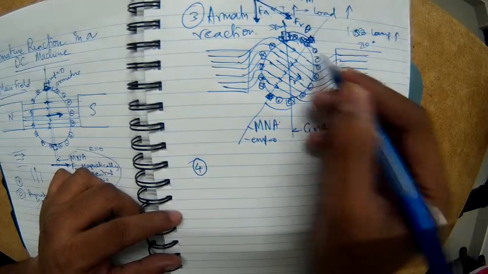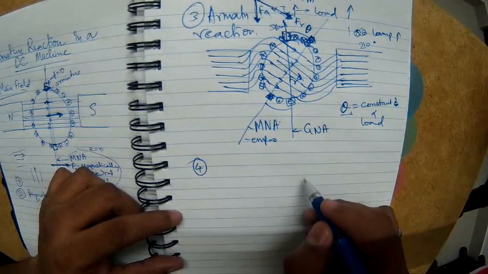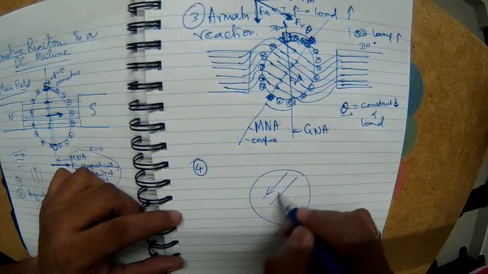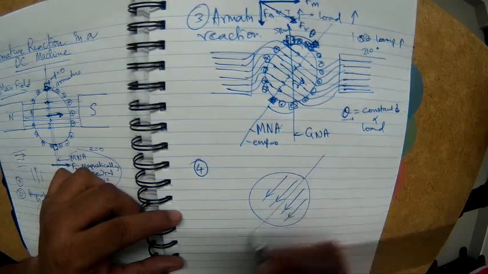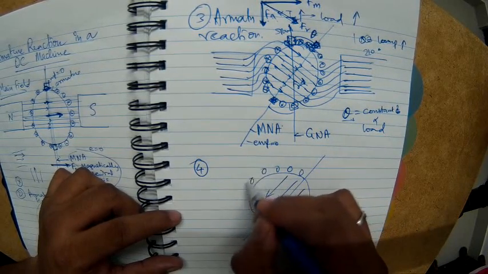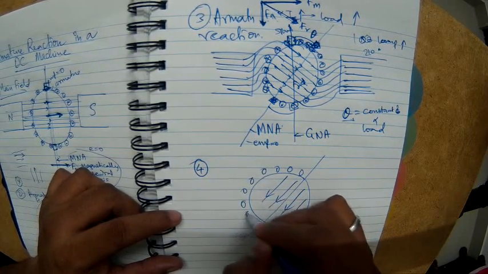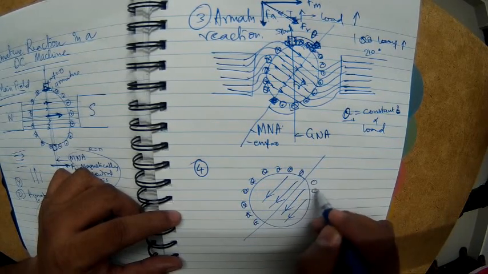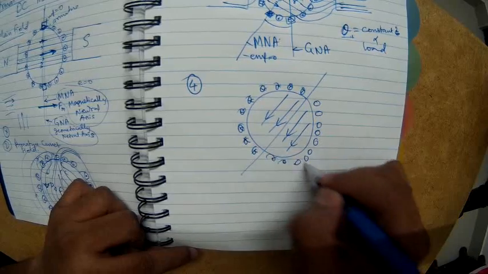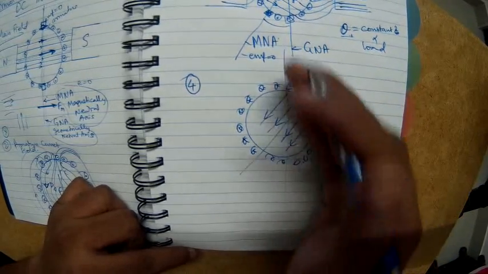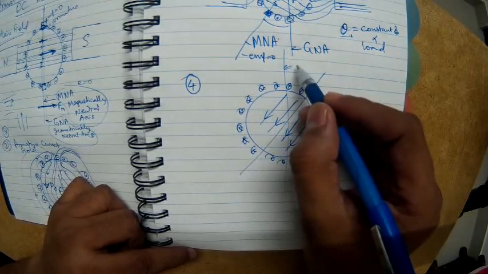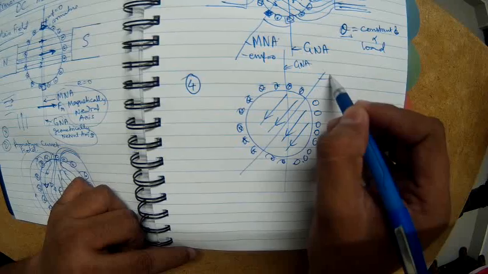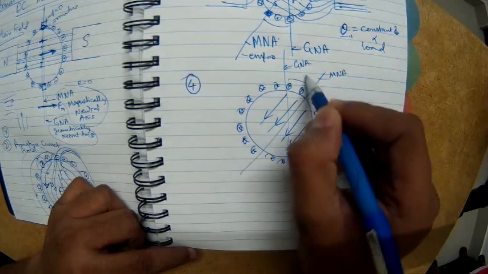Due to that, the armature field will be something like this. All the conductors on this side have the cross and all the conductors on this side have dot, so this is the GNA and this is the MNA, and this angle is theta.